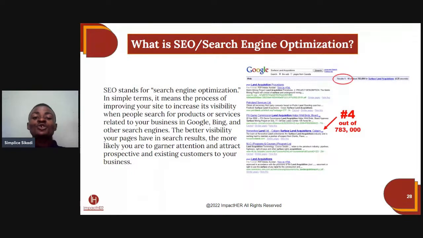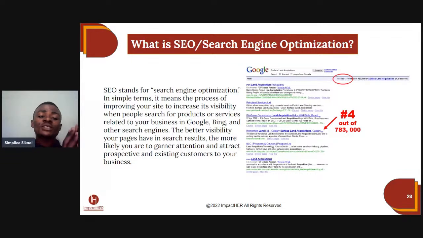So you go and type something on Google, as you can see on the screen here, and you're going to notice that several websites are going to appear, trying to give you the information that you need. Sometimes billions of websites, sometimes millions of websites.